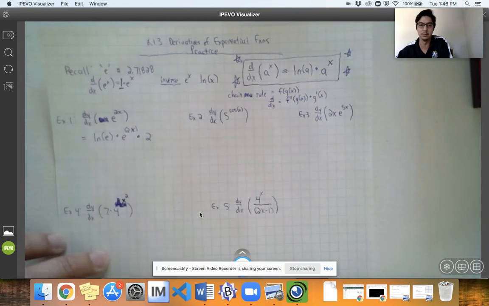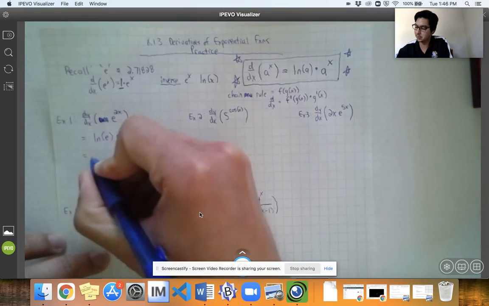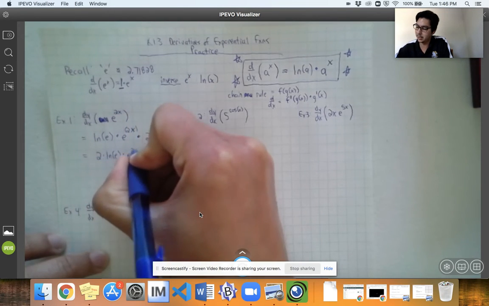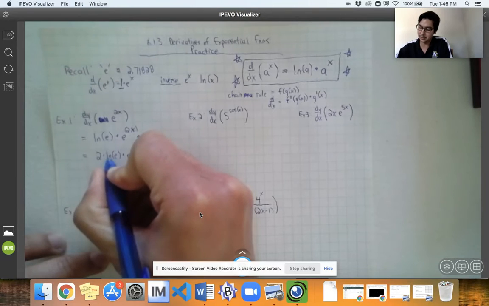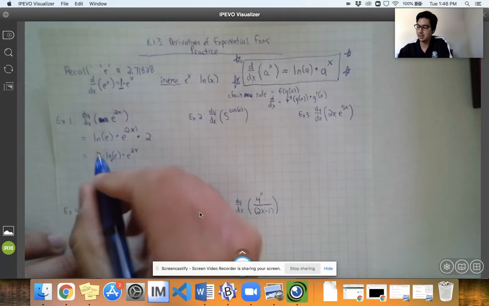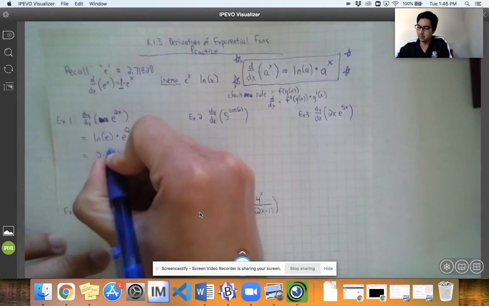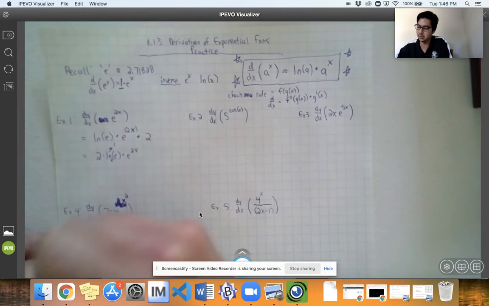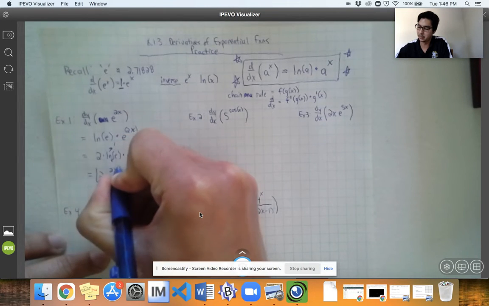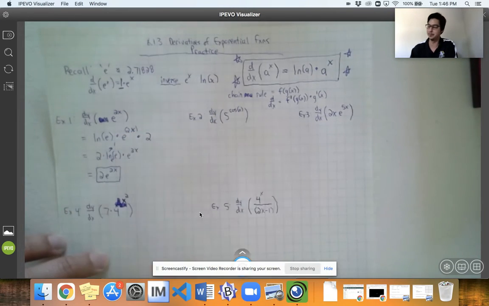That's just 2. So then this gives us 2 times natural log e times e to the 2x. But remember, natural log and e are inverses, or natural log has base e. And this is just going to go to 1, because e to the first power equals e. So your final answer here is actually just 2e to the 2x. Because again, don't forget about that chain rule.